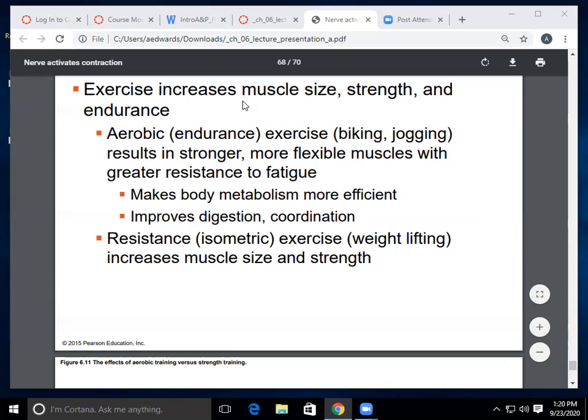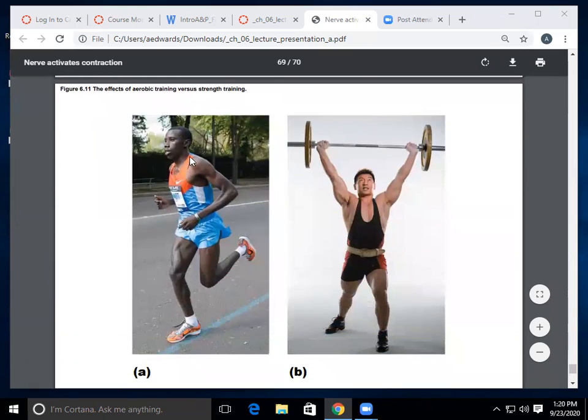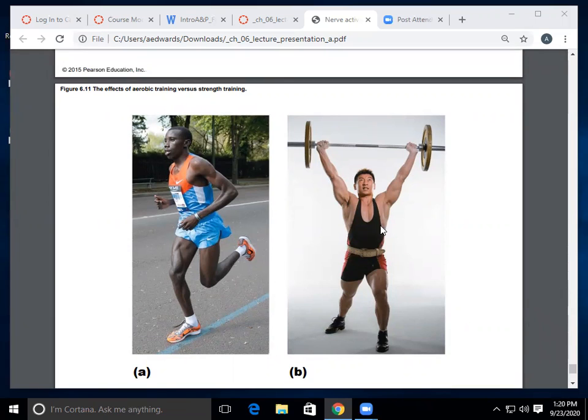It just depends on which type of exercise you're doing. Here is more of your aerobic exercise, and this is more of your isometric or strength training, right? Depending on which type of exercise you're doing, your muscles will adapt to that.